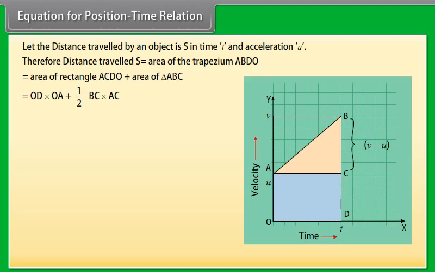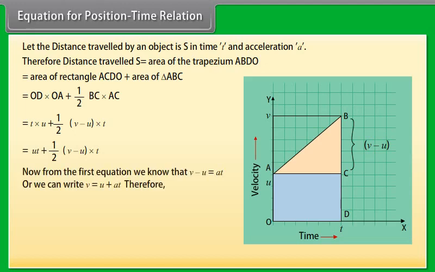Now putting the values, we get t into u plus 1/2 into (v minus u) into t. On solving further, we get ut plus 1/2 into (v minus u) into t.